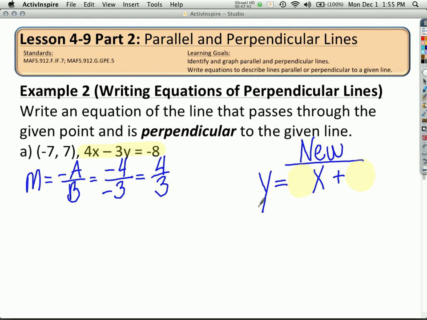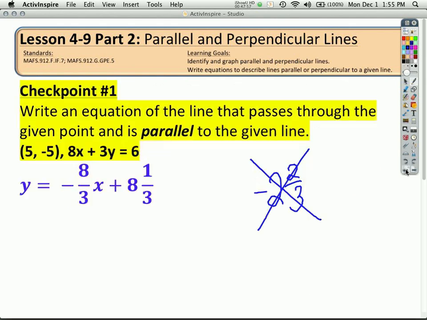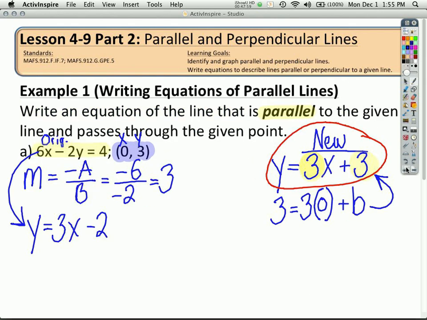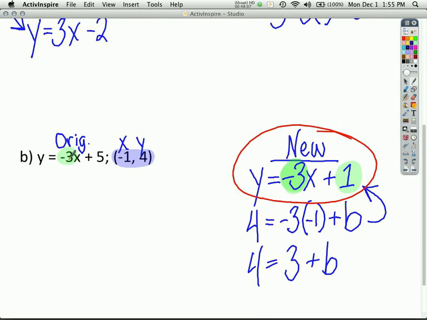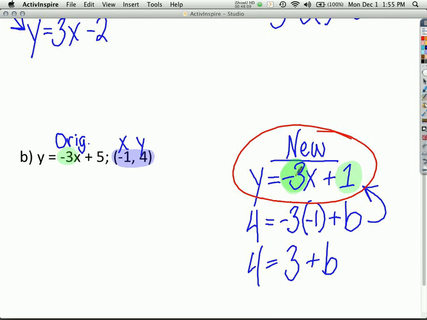And so here's the major difference between the three questions we've done and this question. When we transfer this over here, that's what we did every time. Every time we transferred the slope to here.